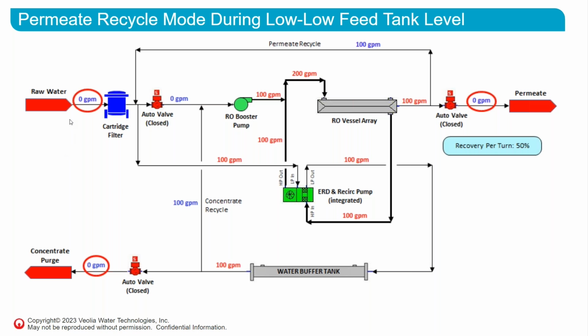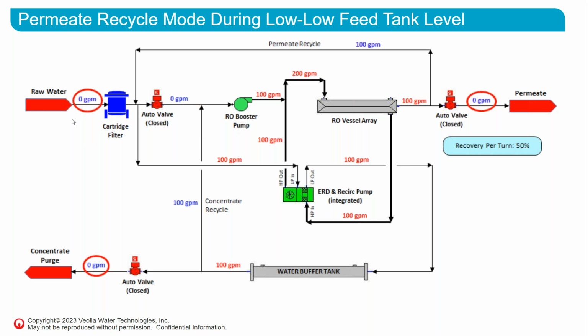So we have this mode where, when we get a low level in our feed tank, we can close all these valves if we sense that the level is too low, and we basically operate in an autonomous mode where all of the permeate and all of the concentrate is recirculated, and this avoids an unwanted shutdown flush in the event you have a low level in your tank.